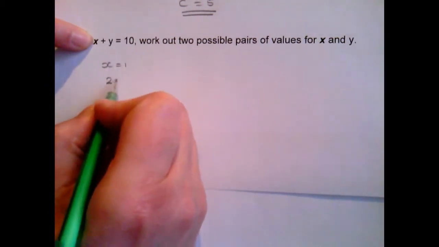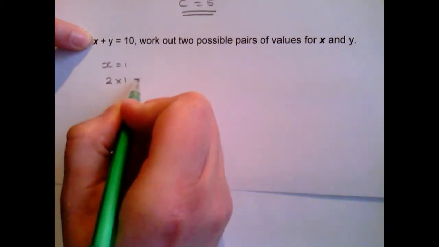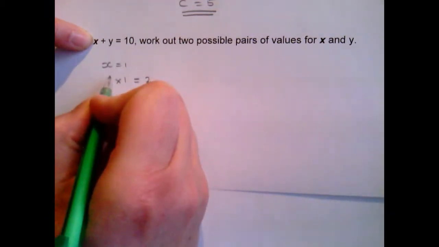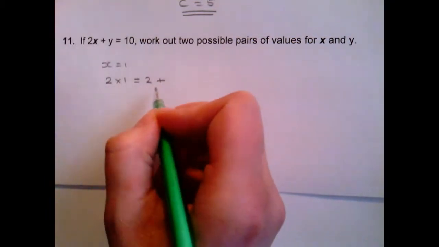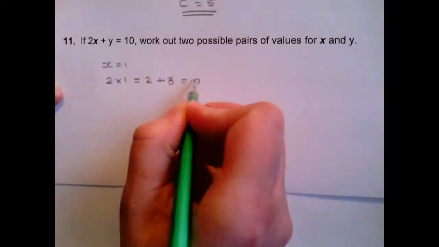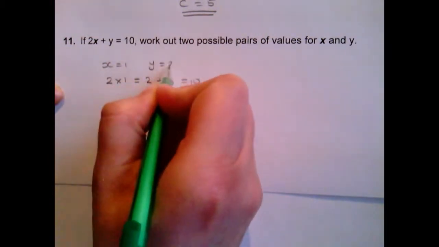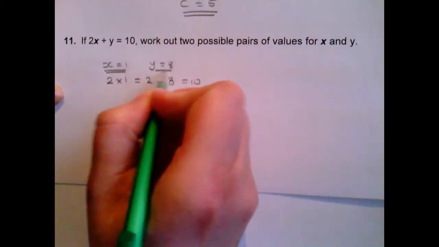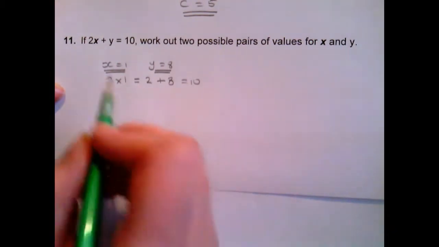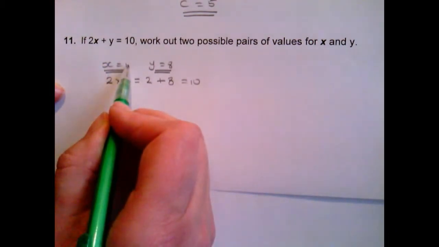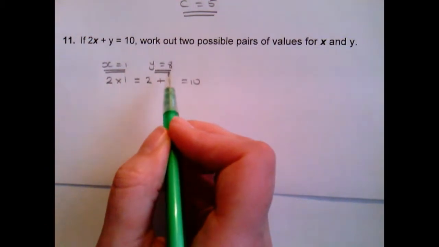So if I put a 1 in there, 2x would become 2 times 1, which is equal to 2. And then plus something will get me 10. So plus 8 would get me 10. So that means that I'm making x equal to 1 and y equal to 8. So that would be one possible pair that would work. If x is equal to 1, y would have to be equal to 8.